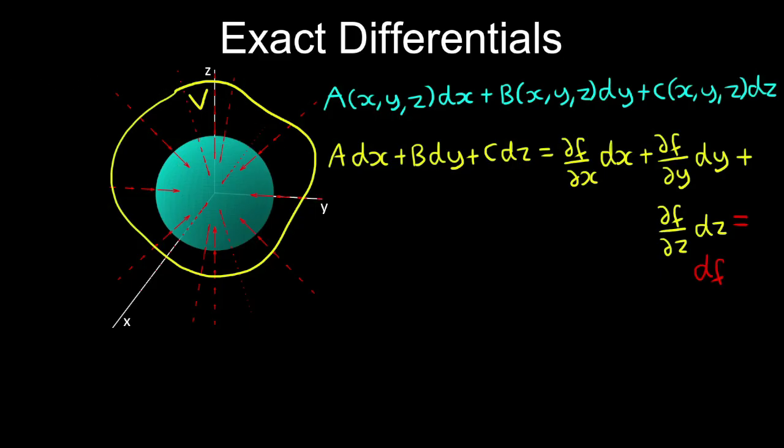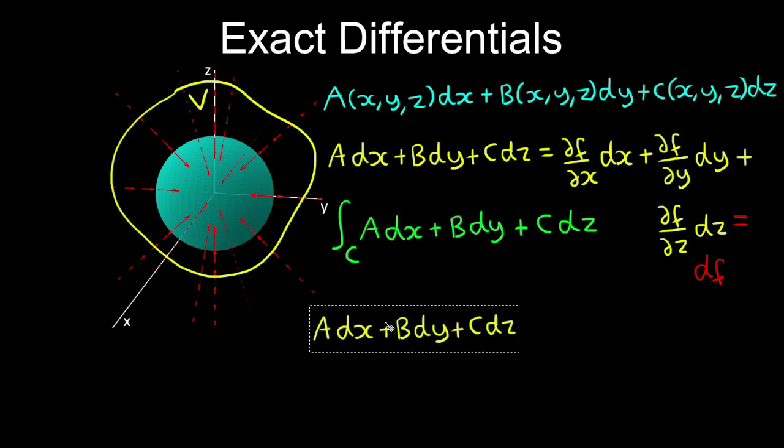So generally, it's often convenient to express work and flow integrals in the differential form. So we have our integral over a curve of a dx plus b dy plus c dz.